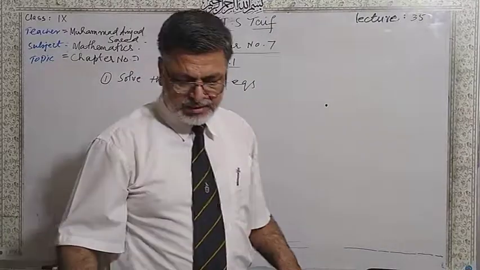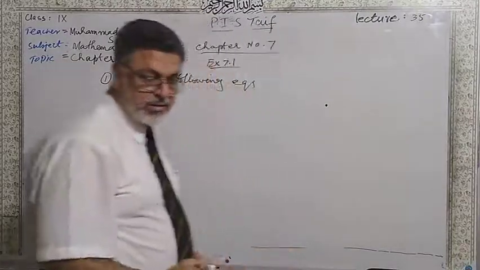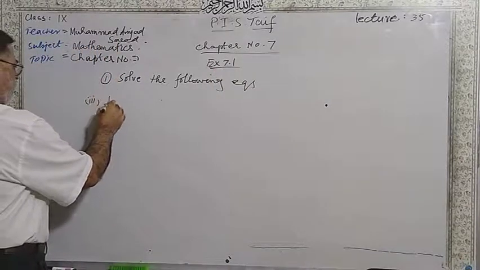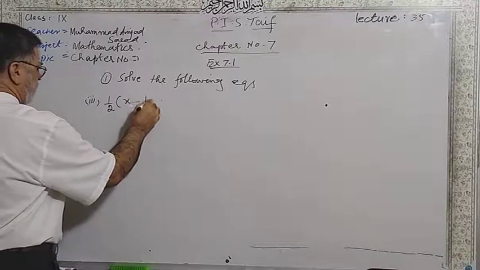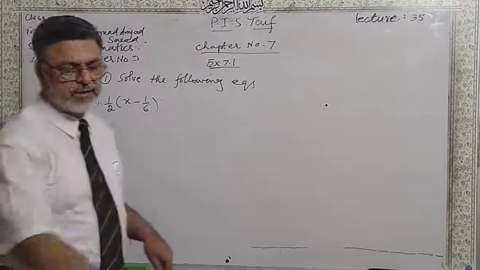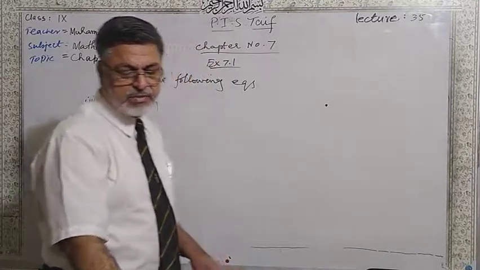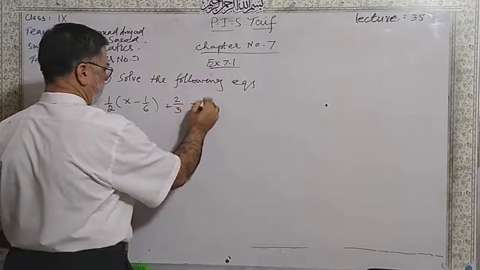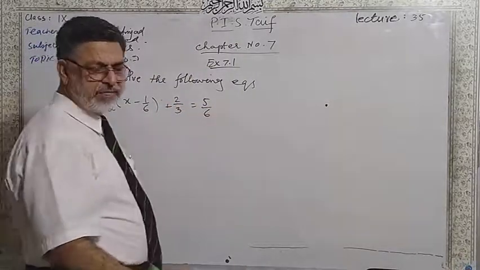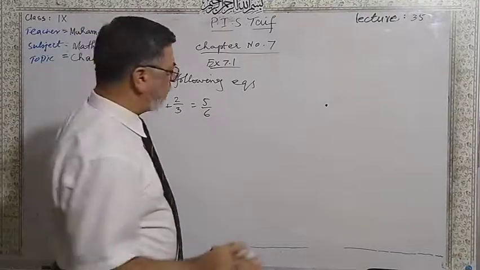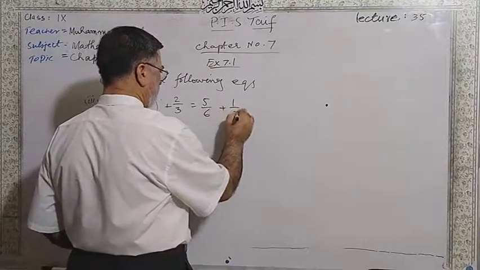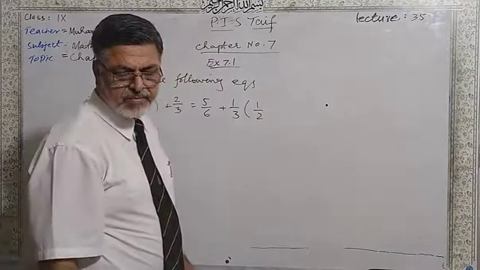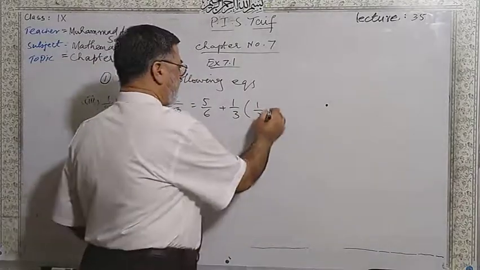In case of part number 3, one over 2 into x minus 1 over 6 plus 2 over 3 is equal to 5 over 6 plus 1 over 3 into 1 over 2 minus 3x.